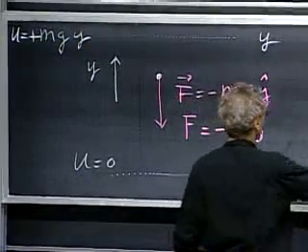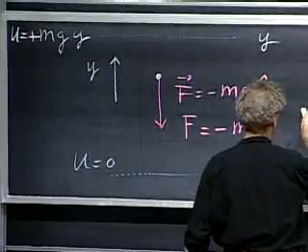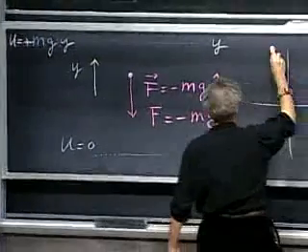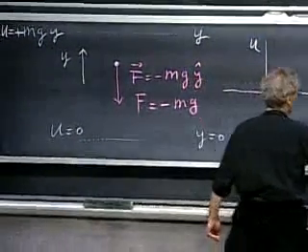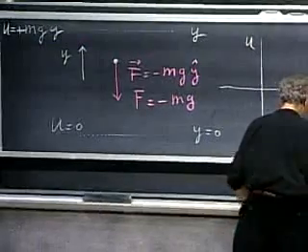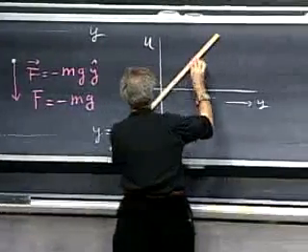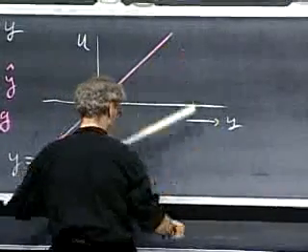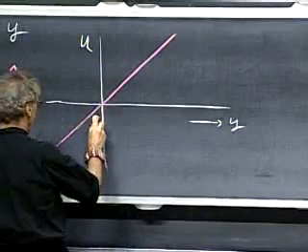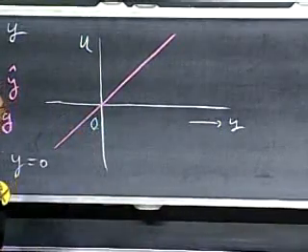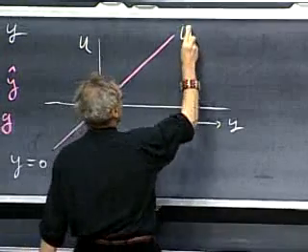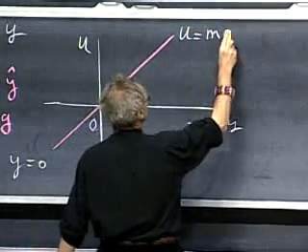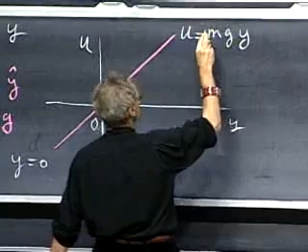So if I make a plot of the gravitational potential energy as a function of y, then I would get a straight line. This is 0. So u equals mgy, the plus sign.